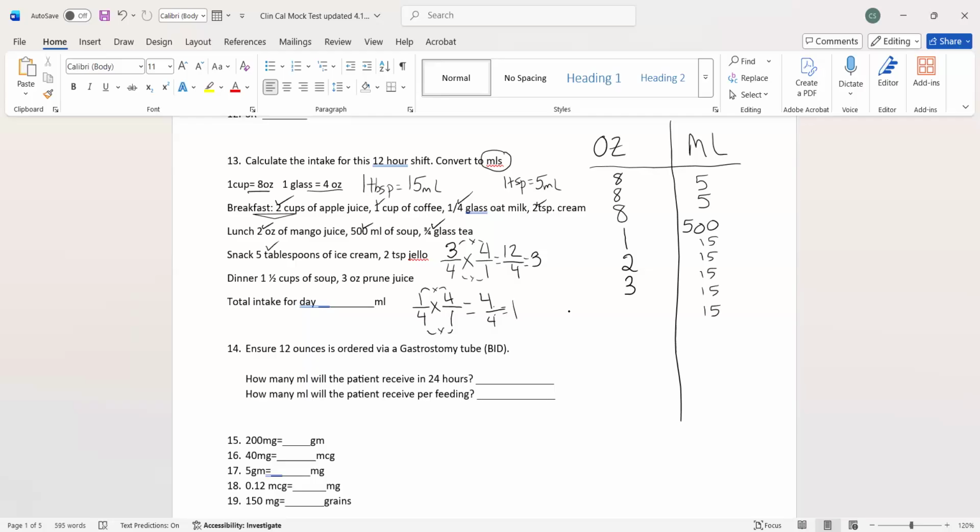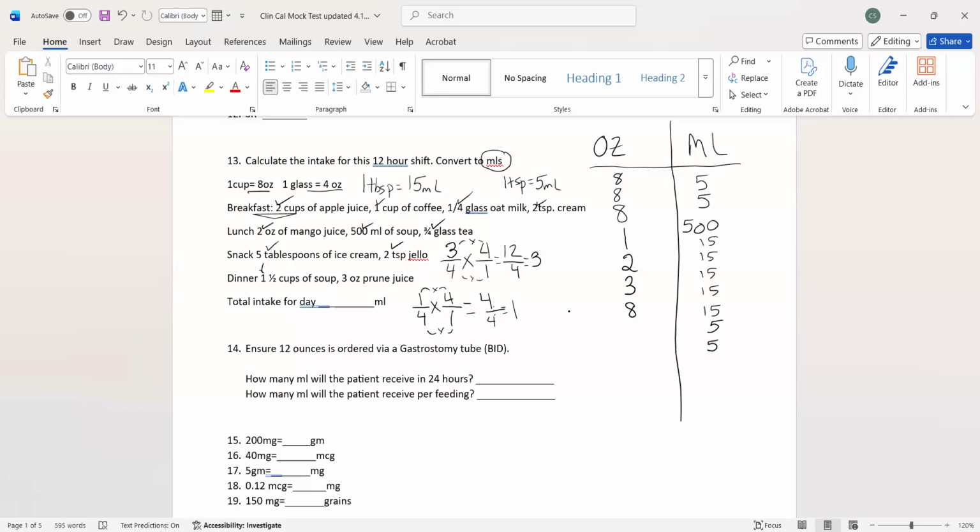All right, so now I got 2 teaspoons of Jello, and we said earlier that 1 teaspoon equals 5 meals. So if I have 2 of those, I'll write my 2 5s. All right, and then on this one, I have 1 1/2 cups of soup. So I'm going to do these separately. So 1 cup is how much? 8 ounces. Okay.